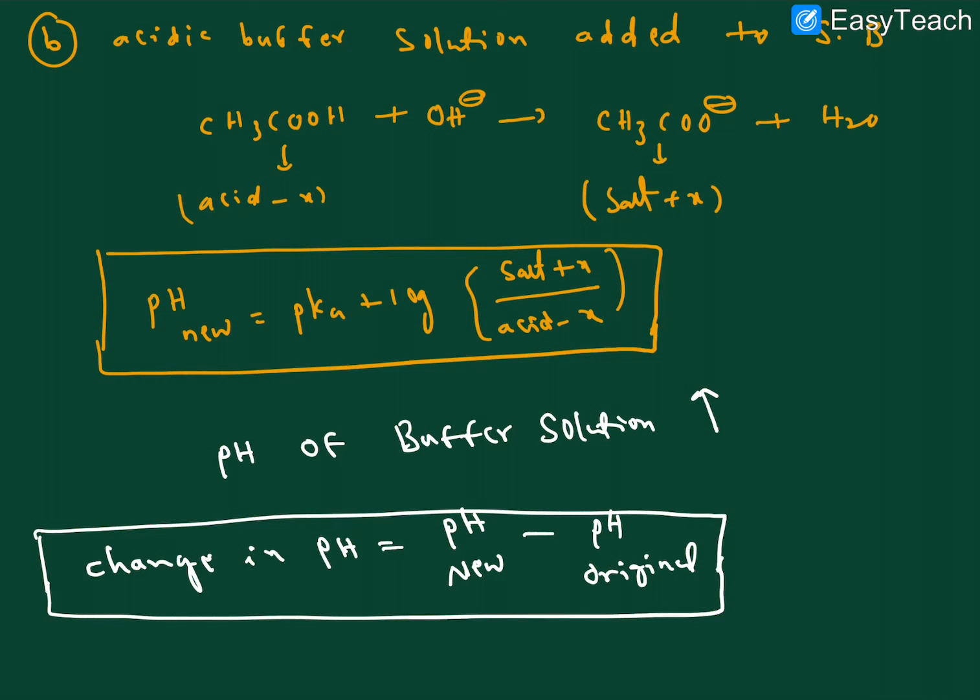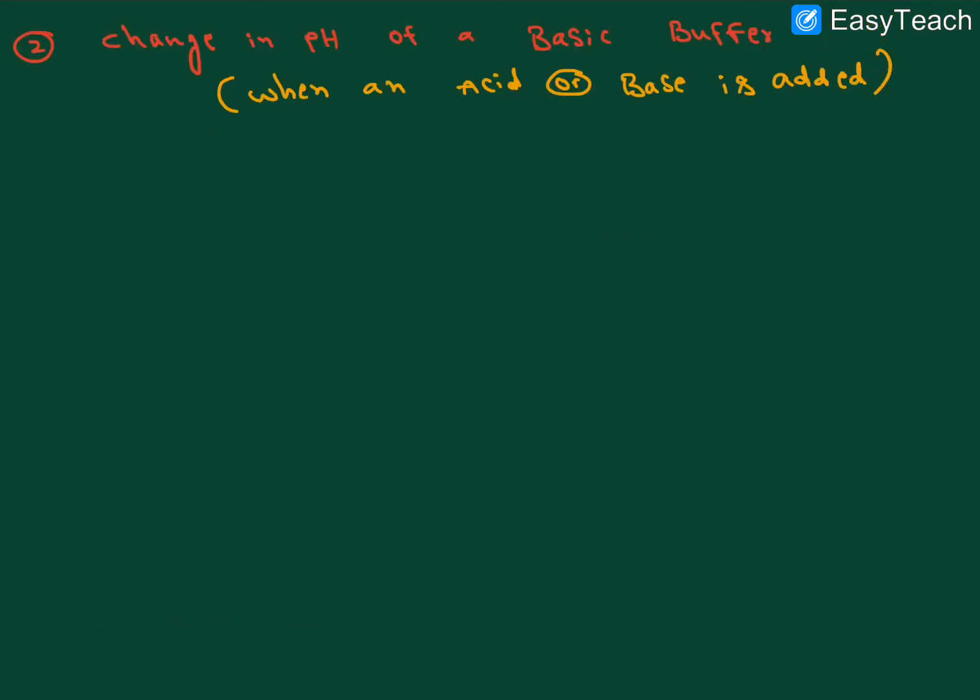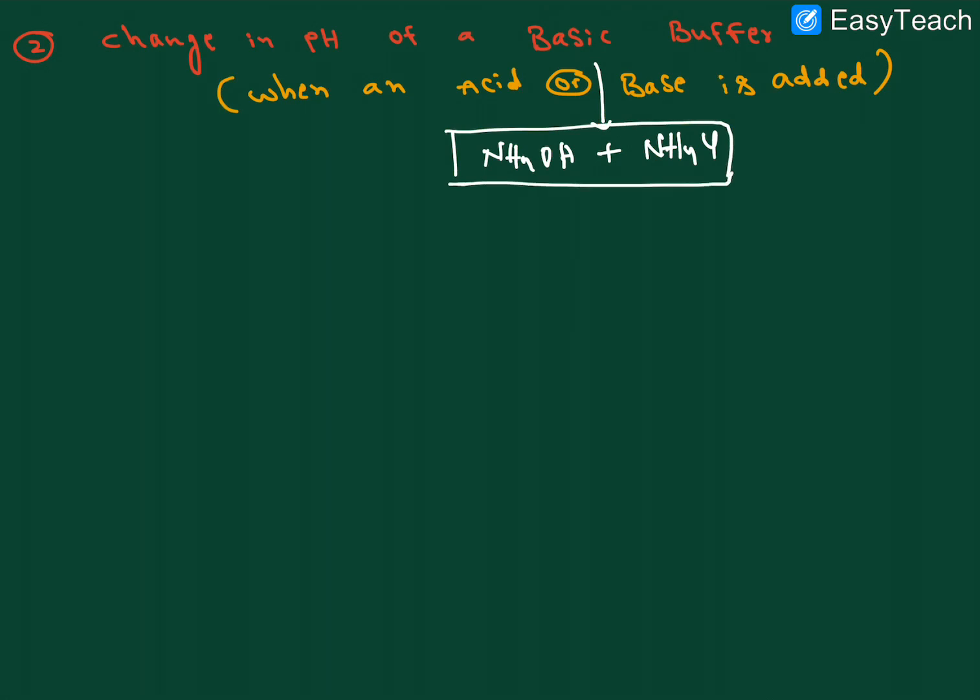Now the basic buffer solution: when we add acid or base, how does it change the concentration of salt and base? So here, the change in pH in a basic buffer solution when we add acid or base, right? What is the example of a basic buffer solution? Ammonium hydroxide plus ammonium chloride.